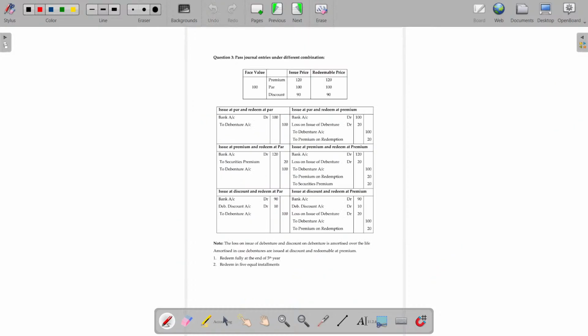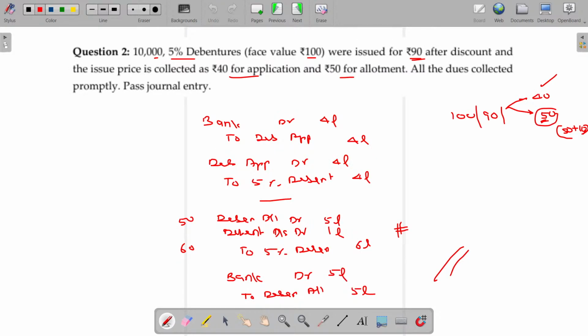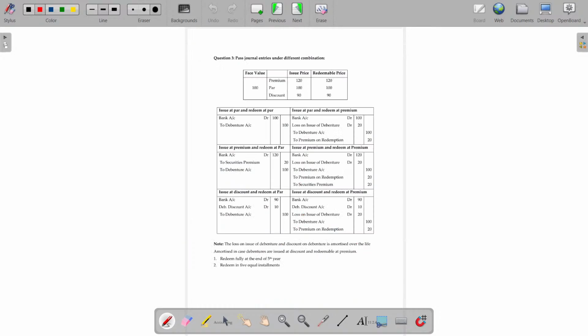Next. So these kinds of journal entries are pretty rare. And what sort of entry you can expect is this one.